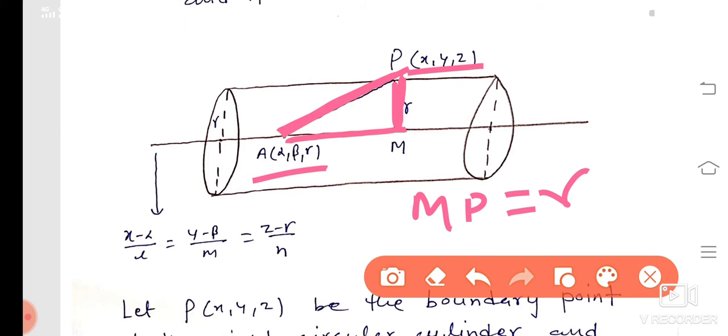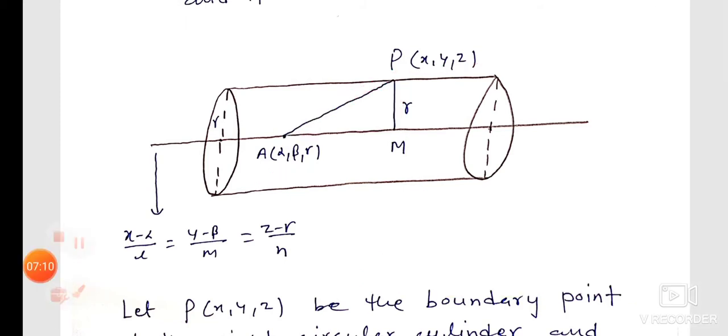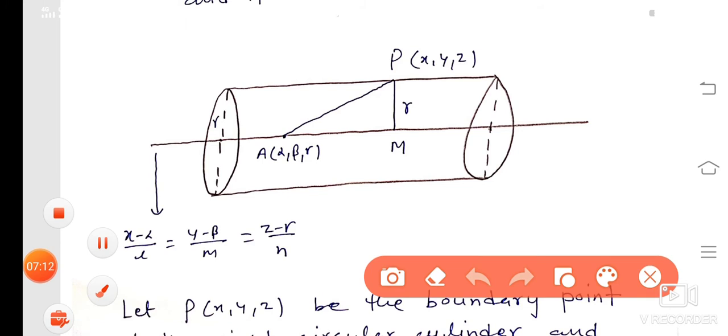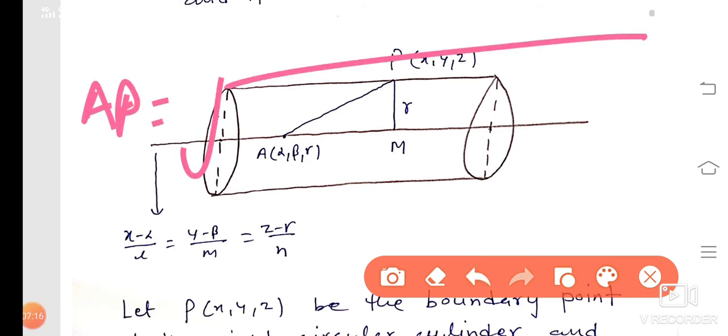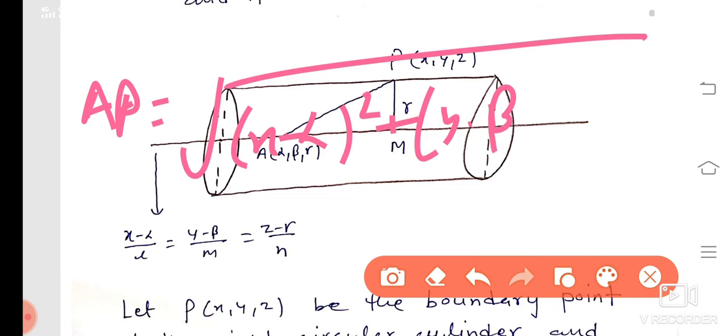So what will be AP? AP will be the square root of (x minus alpha) squared plus (y minus beta) squared plus (z minus gamma) squared. So this will be AP.